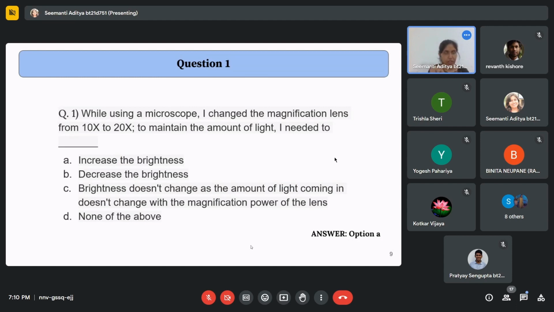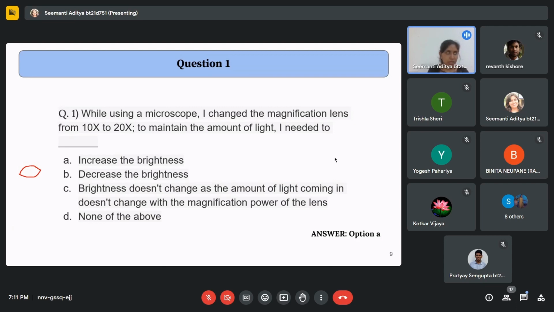If we have to see a better resolution, the lens has to become more concave, like this. As the magnification increases, we have to use a better refractive index in order to counteract this part. So the aperture comes down at x20.